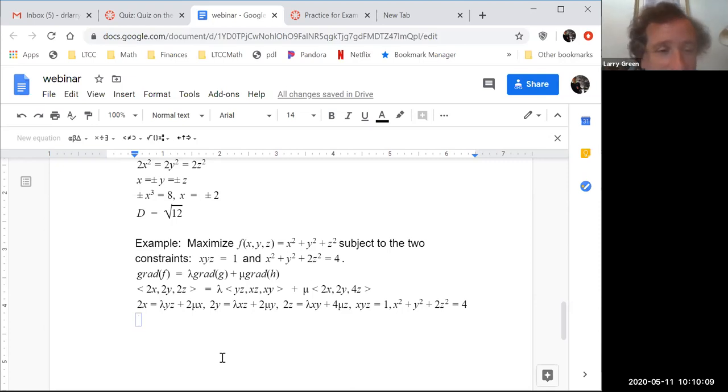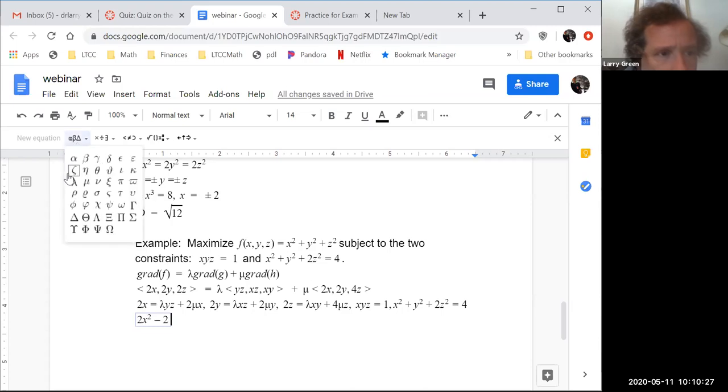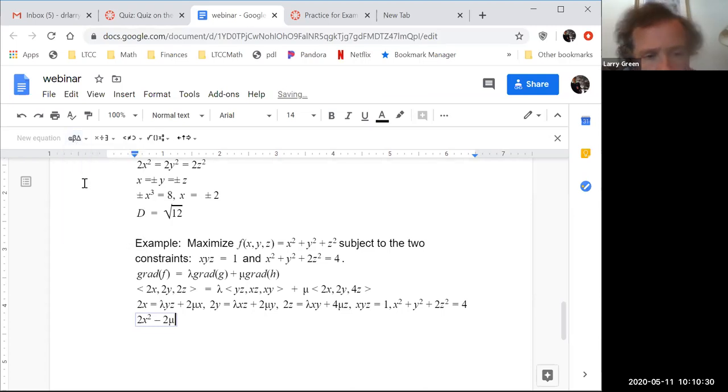So when you do that, we have lambda xyz is going to be 2x squared minus 2 mu x squared. And the second equation is going to have the lambda xyz, and that'll be 2y squared minus 2 mu y squared.